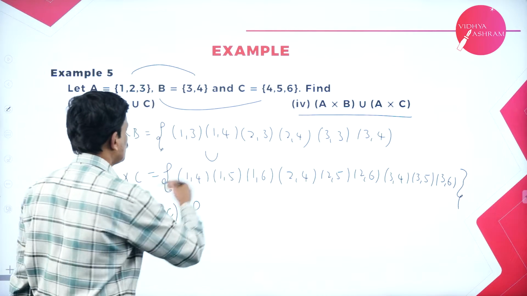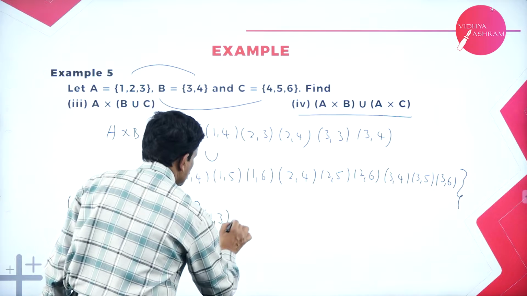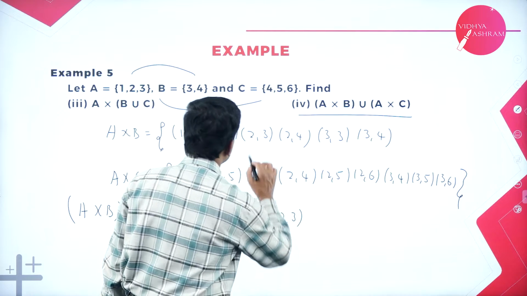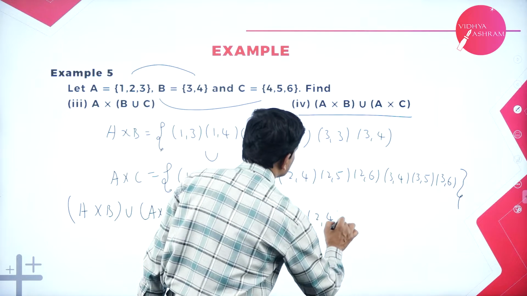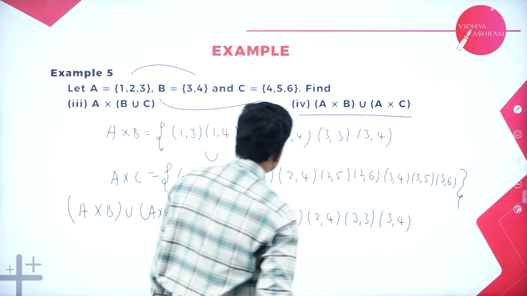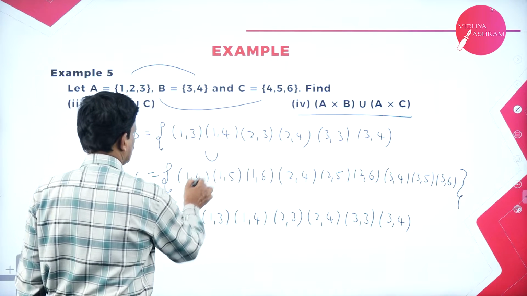That's it. So first write down (1, 3), (1, 4), (2, 3), (2, 4), (3, 3) and (3, 4). Then (1, 4) is already here.